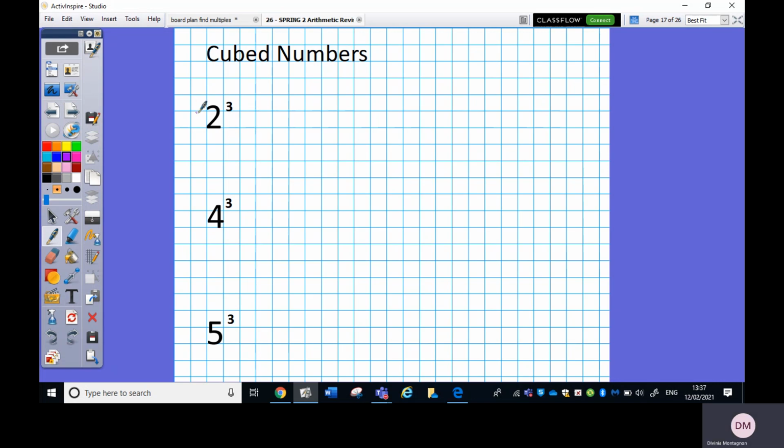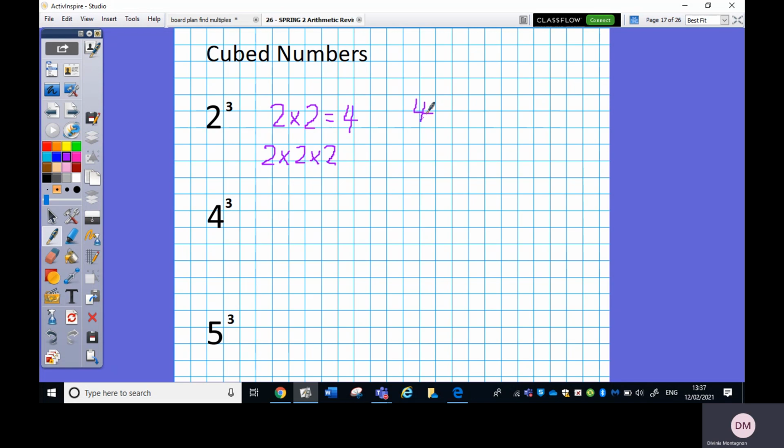Cube number means that we're going to multiply this number by itself. 2 times 2, a little bit like a square number, which equals 4, and then a third time. So actually it is 2 times 2 times 2.